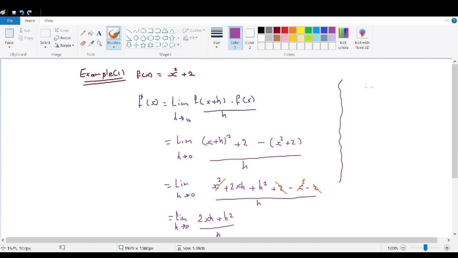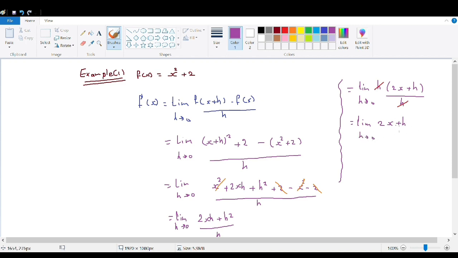We can take h as a common factor, so this will give us the limit of h times (2x plus h), divided by h, as h approaches 0. Again, we can cancel this h in the numerator with the h in the denominator, and the rest will be the limit of 2x plus h as h approaches 0.